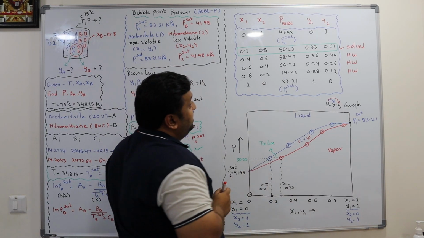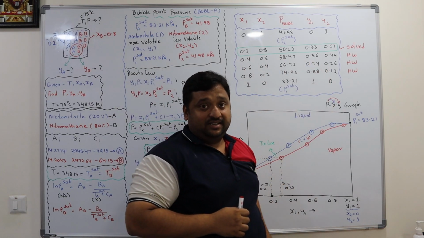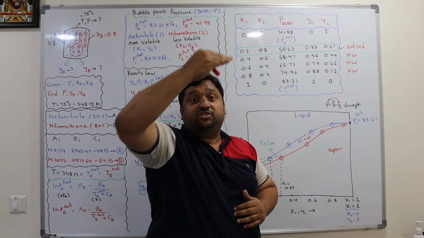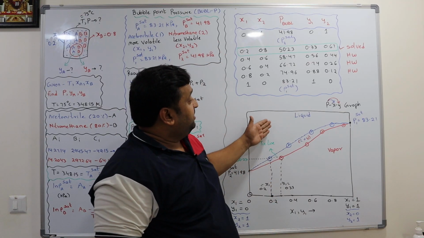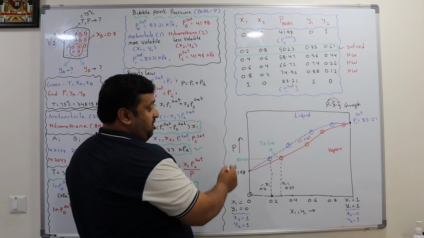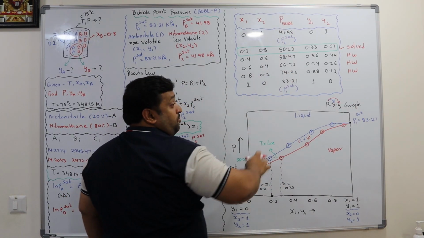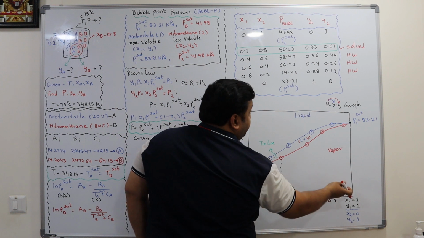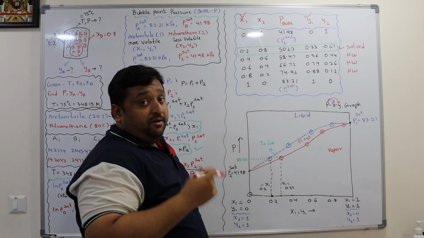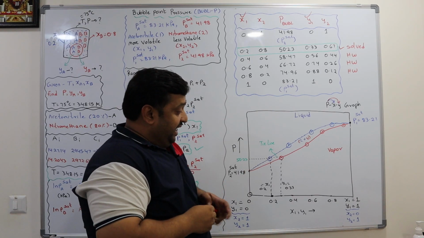So let us plot, based on the data generated for different liquid compositions, what vapor compositions I get. If I plot the PXY graph, okay, on the y-axis I plot the bubble point pressures, on the x-axis I plot x1 or y1, because always you have to take the highly volatile component fractions on the x-axis.